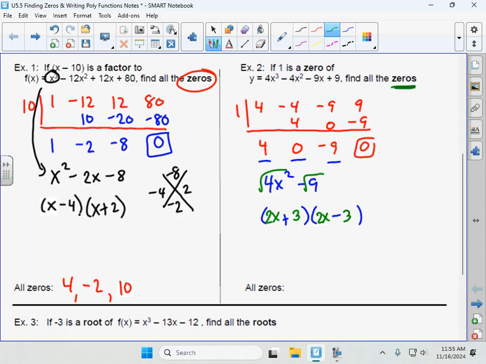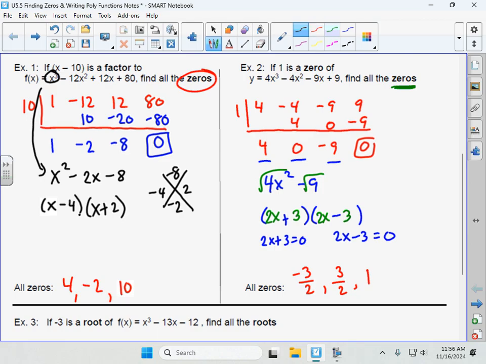So we set each factor equal to 0 and solve for x. You can set 2x plus 3 equal to 0, 2x minus 3 equal to 0, and solve. If you do that, you're going to get -3 over 2, positive 3 over 2, and then also you're going to get that positive 1 that they gave you.